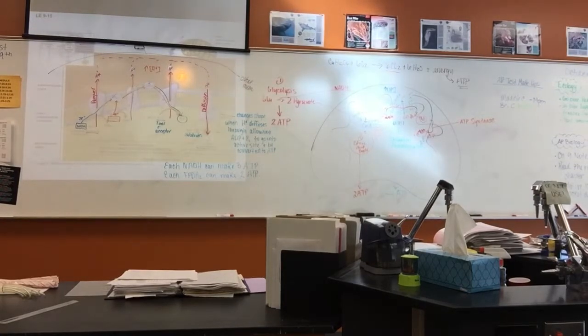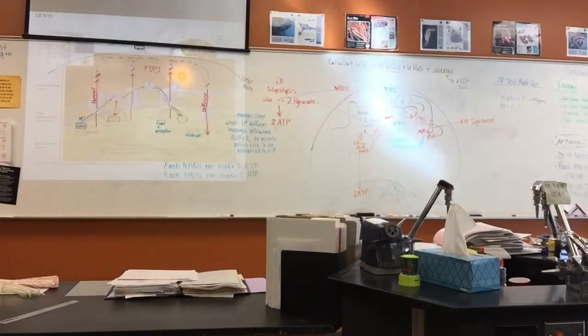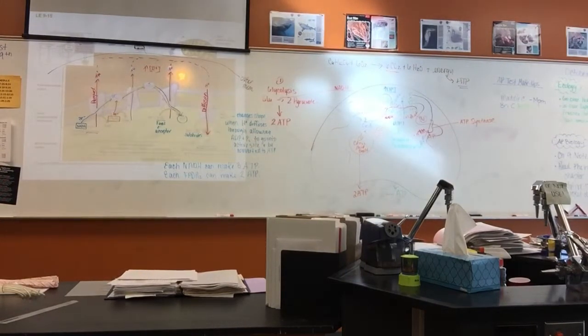Oh, no, ATPs, because I see 1, 2, 3, 4 directly. And then 1 FADH. Oh, but more is produced. So in the citric acid cycle, how many are produced?